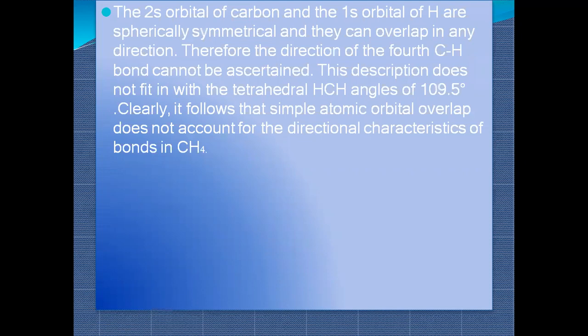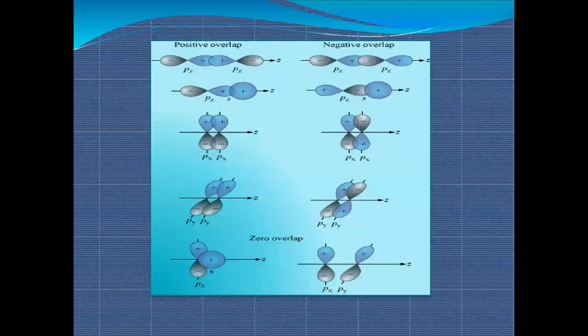But when the P orbital takes part, there is a specific change in the overlapping. Why? We have 2px, 2pz, and 2py. We have three suborbitals, px, py, and pz. In the p orbital, there is head to head overlapping.